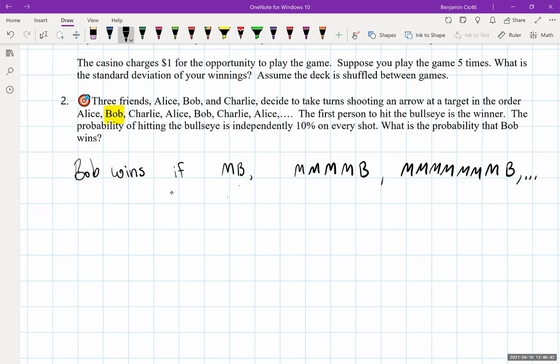So the first one would happen with probability QP. The second one would happen with probability Q to the 4th P. The third one being probability Q to the 7th P. Yeah, that's what I did. Okay. And then I think we would add them up. Obviously this is an infinite sequence, so we just use that formula you showed us in the notes from a while ago.